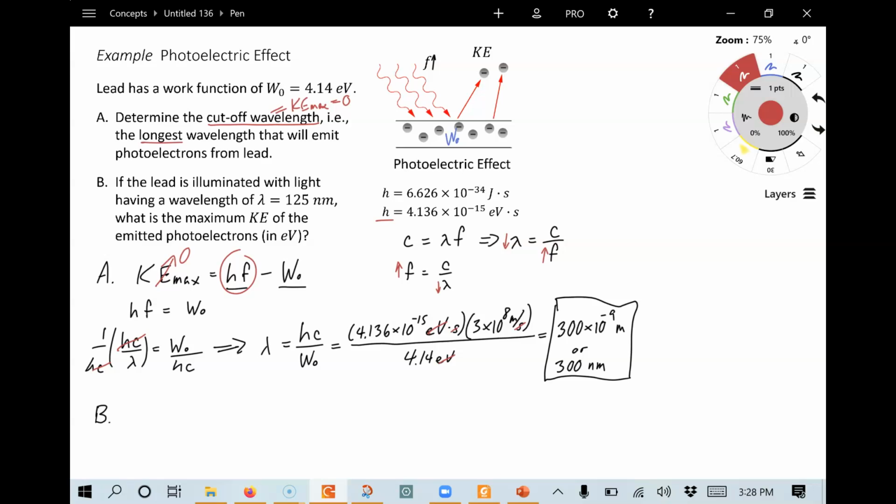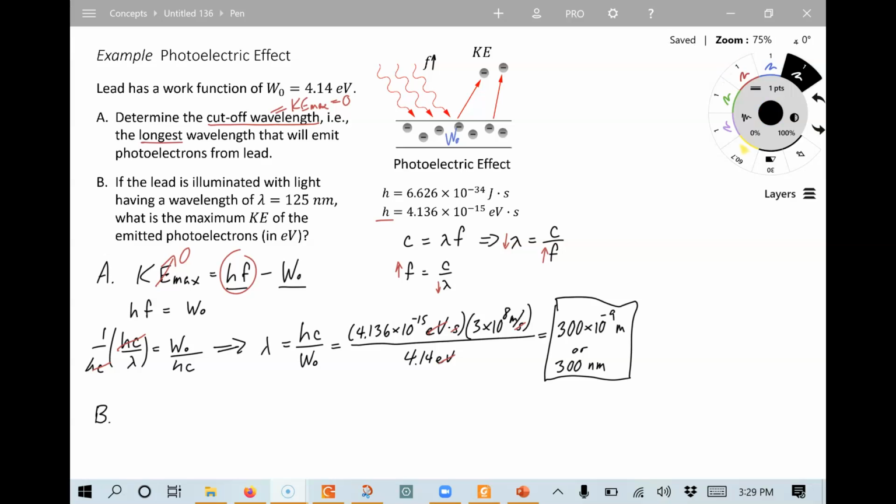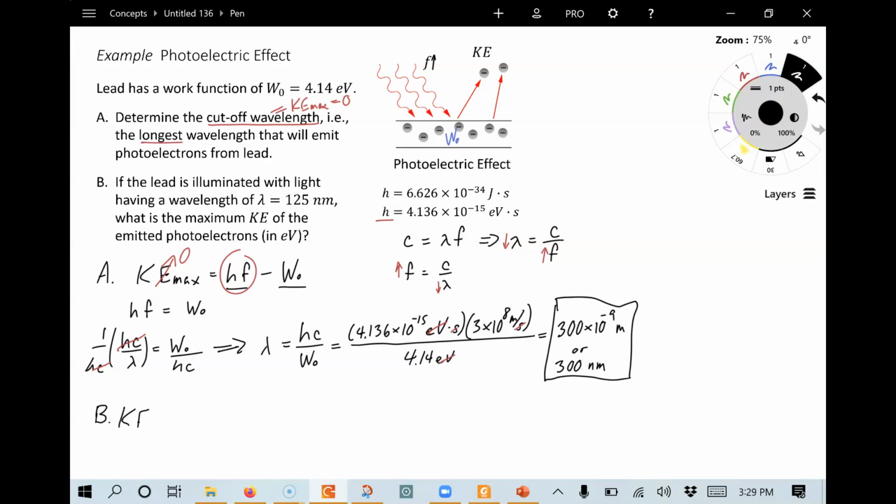So in this case, what is the maximum KE of the emitted photoelectrons? Well, we can use the same equation as before. KE max equals the photon energy minus the work function.